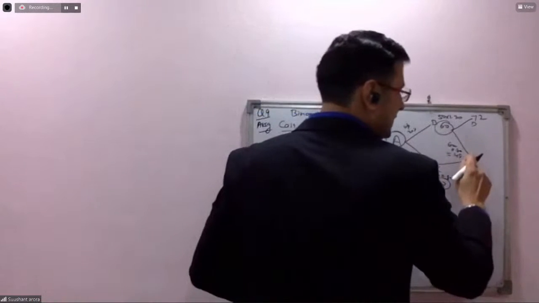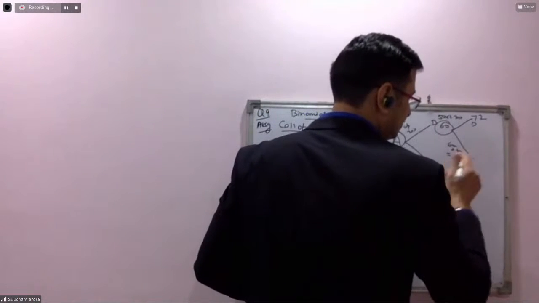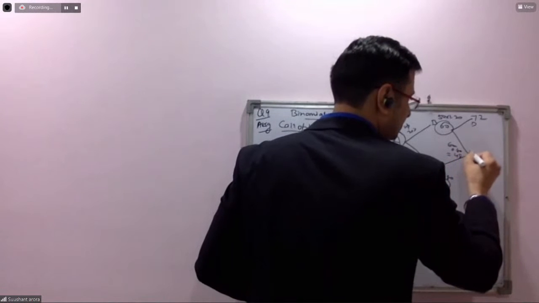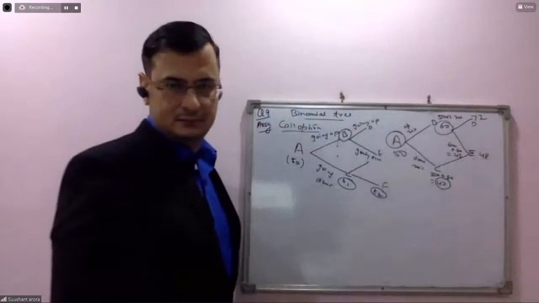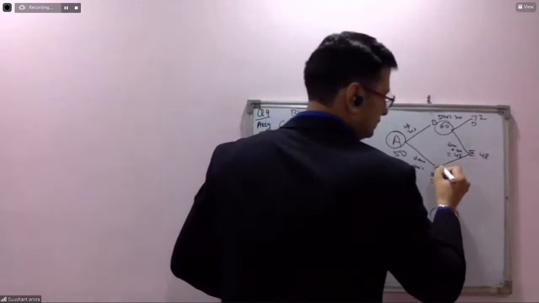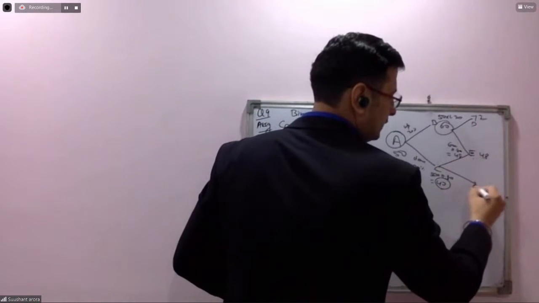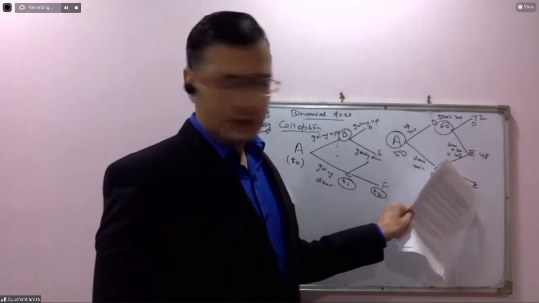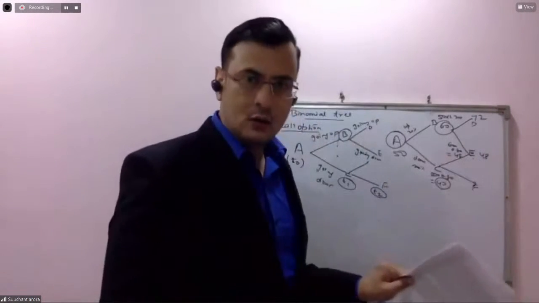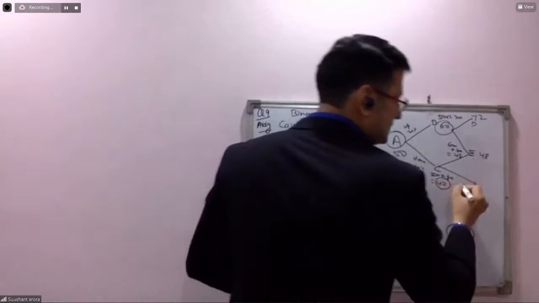So this becomes point E, $48. Then point F, which is falling down, 40 at 80%.